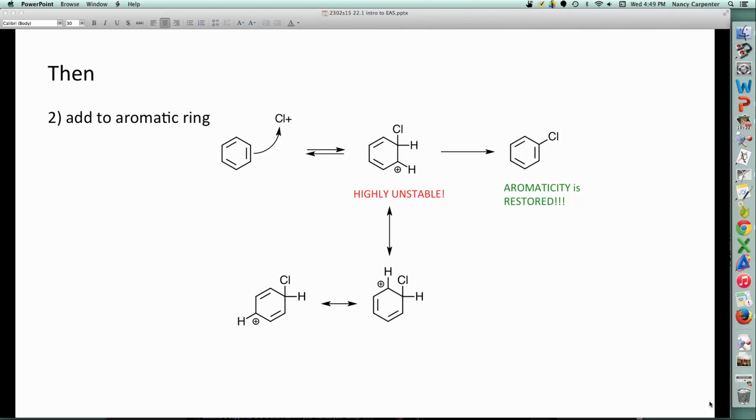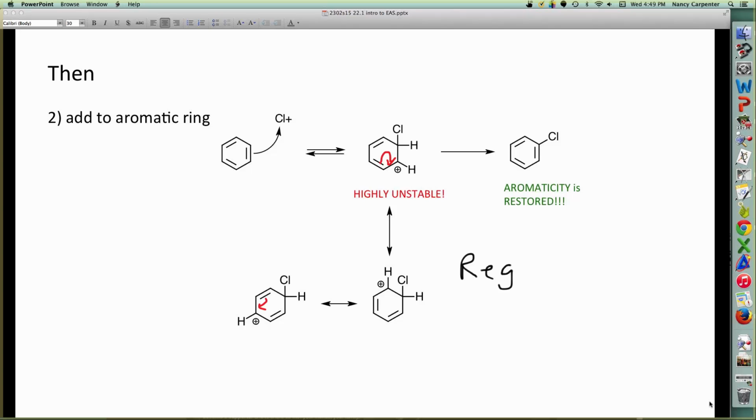So we say that this is a highly unstable carbocation, and it is, but we have evidence that this reaction takes place, and the reason we can make this carbocation is because, yes, it is stabilized somewhat due to resonance delocalization as this positive charge is delocalized around the ring. And again, I will just give you some foreshadowing.